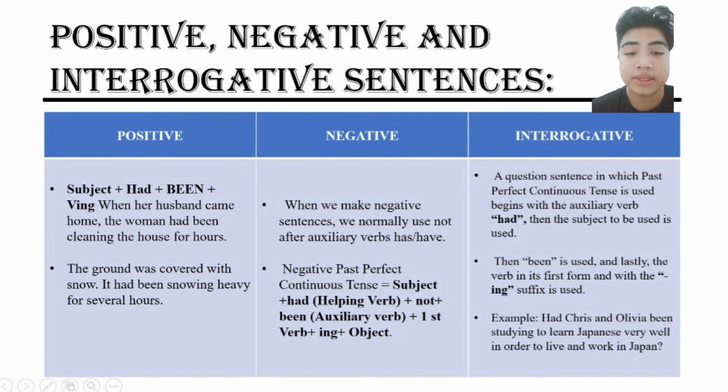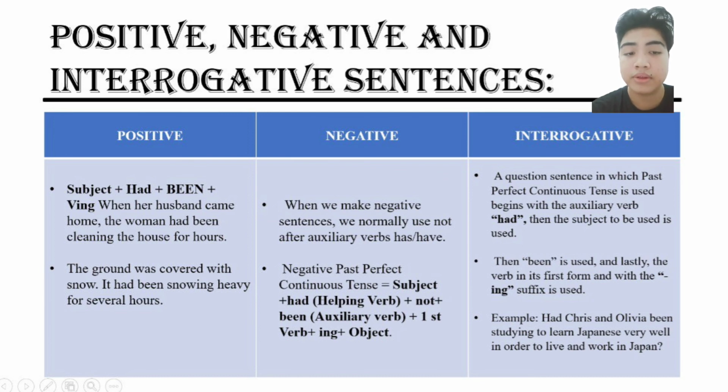For negative sentences, when we make negative sentences, we normally use not after the auxiliary verb had. Negative past perfect continuous tense: subject plus had, the helping verb, plus not plus been, plus first verb plus ing plus object.